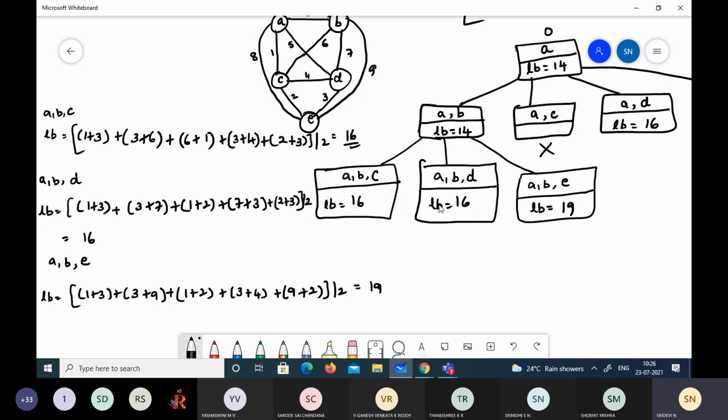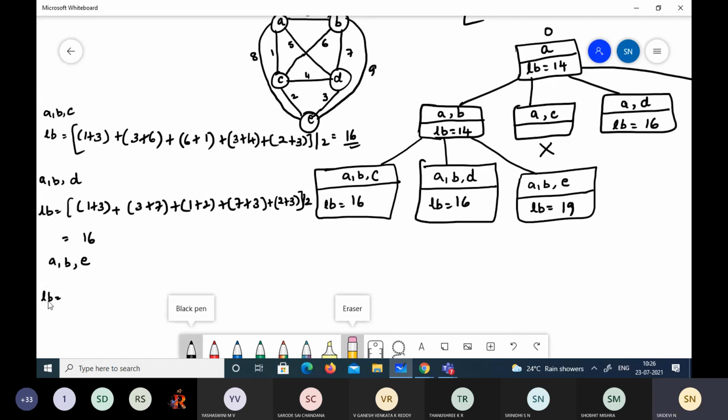We'll select both because both are the same. We will move further by selecting both, and we will check. So this was 19. It will be 19. Now we'll move further by considering the paths now.